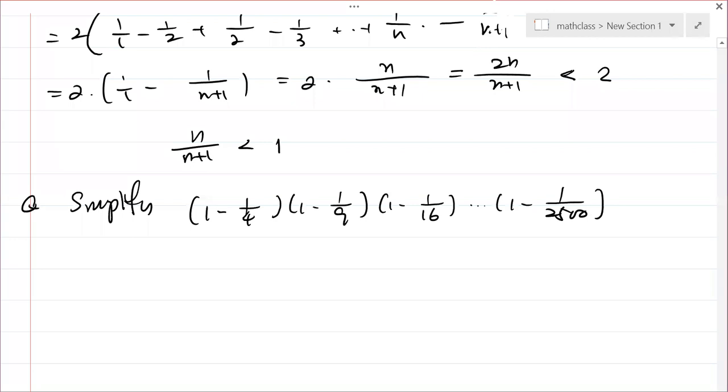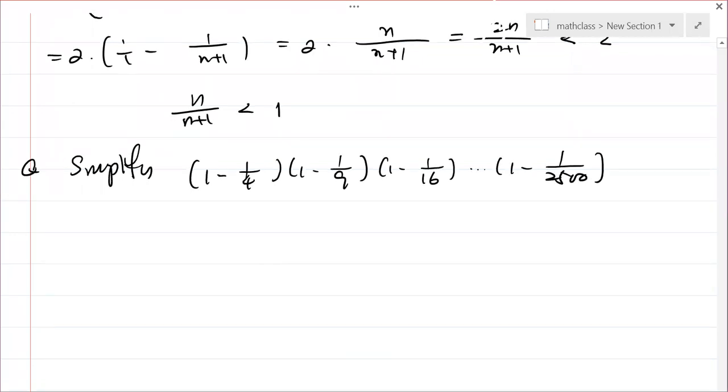All right, so let's work on this. Wow, this is the most challenging problem. Each term is slightly less than 1, but you have so many terms here. But what do you find out?